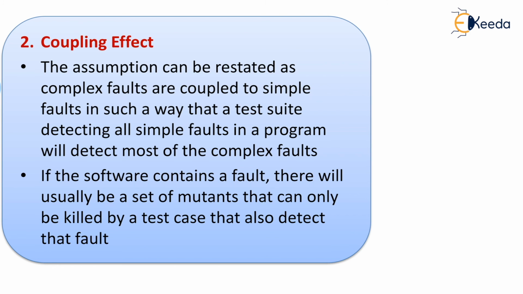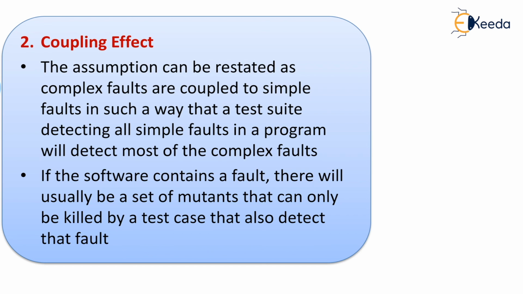Now, if software contains a fault, there will usually be a set of mutants that can only be killed by a test case that also detects the fault. Of course, mutation testing helps the tester to inject, by hypothesis, different types of faults in the code and helps to develop the test cases to reveal them.